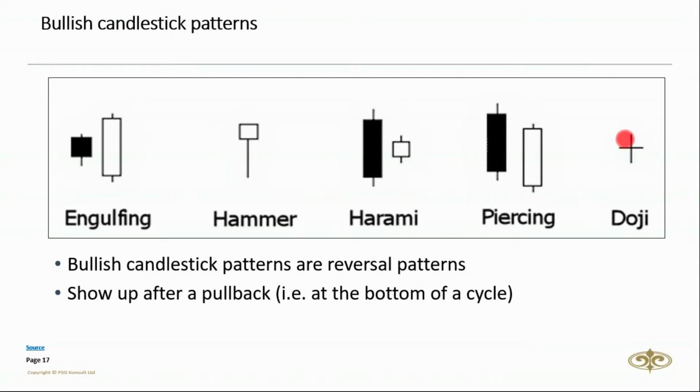That's an open, and that's a close. That looks like a star. But quite simply, it represents indecision and causes the traders to question the current trend. And usually, they obviously trigger reversals in the opposite direction.